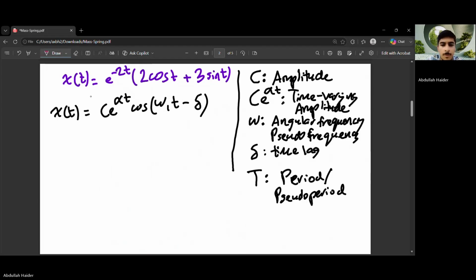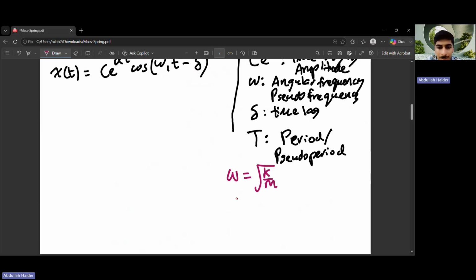And then some key formulas you need to know. Omega is equal to radical k over m, and the big amplitude C is equal to the square root of C1 squared plus C2 squared.